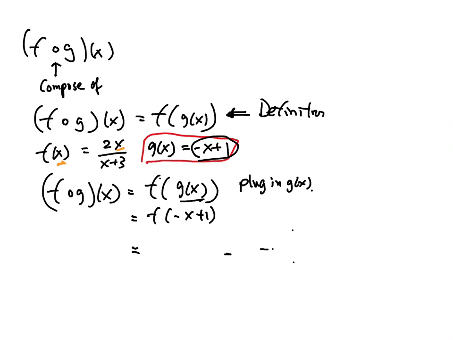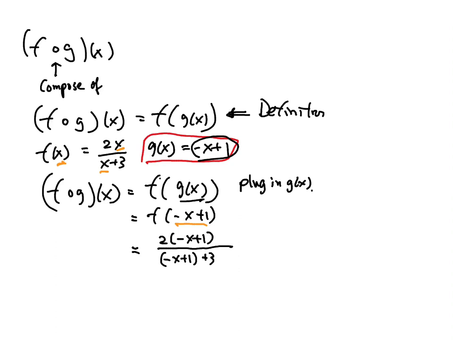So here we go. 2x becomes 2 times negative x plus 1. x plus 3 on the bottom becomes negative x plus 1 plus 3.